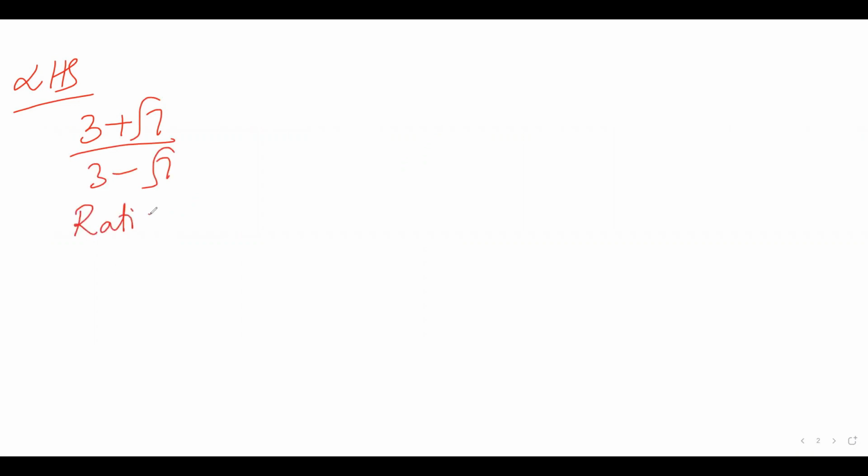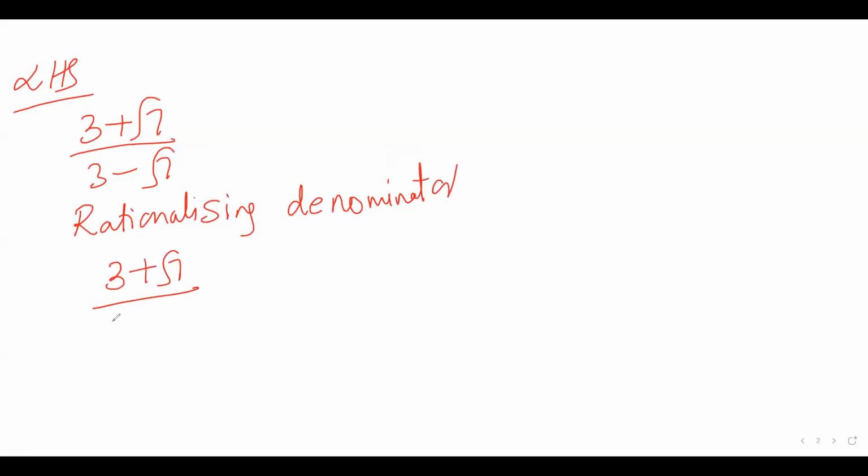Rationalizing denominator. The rationalizing factor will be 3 plus root 7. Multiply and divide with 3 plus root 7.